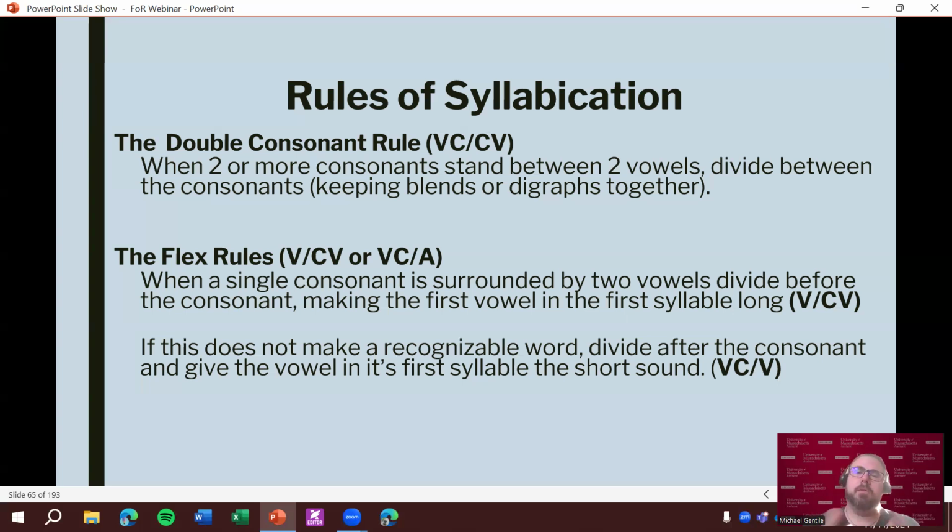That becomes a closed syllable. O becomes by itself and it's a long syllable. We call it a flex rule because if this doesn't sound right to your ears, you have to access your language comprehension skills. And then sometimes the consonant does go with the first syllable. Most of the time, it goes with the second syllable, like here, V/CV. You're giving the consonant to the second syllable, but sometimes it doesn't.